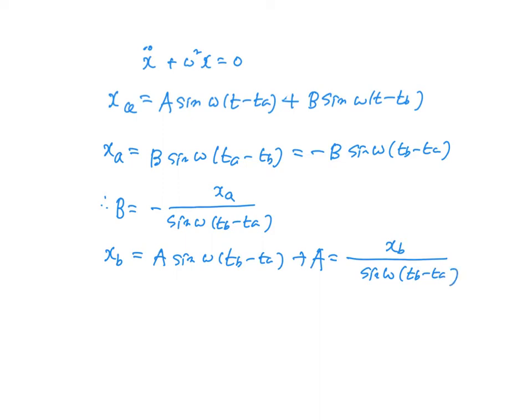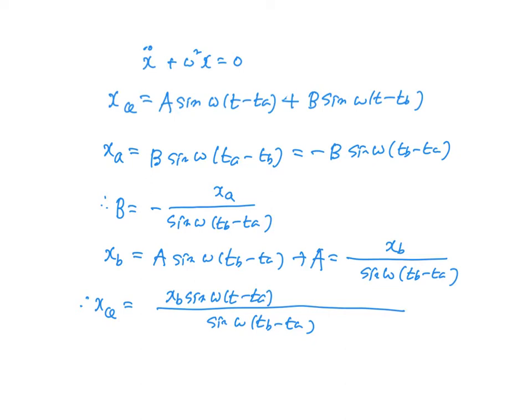So the classical solution becomes 1 over sine omega (tb minus ta), times x_b sine omega (t minus ta) minus x_a sine omega (t minus tb).